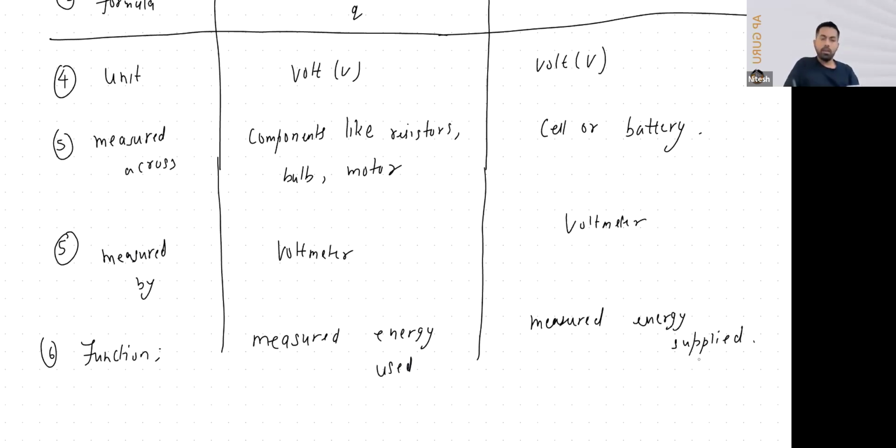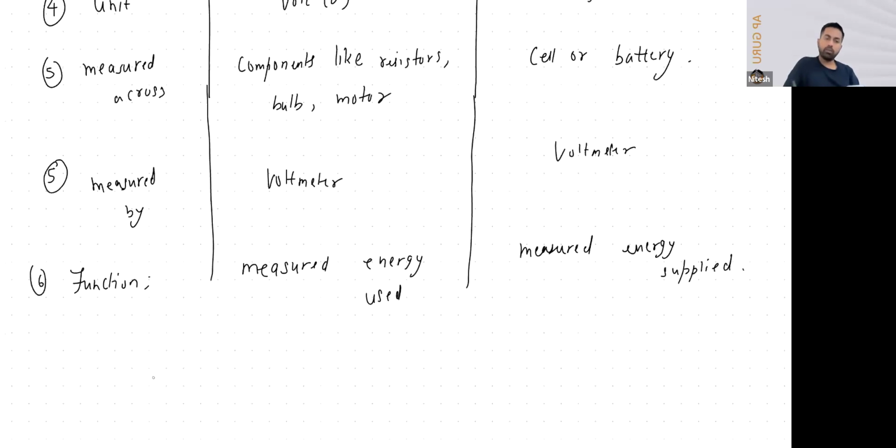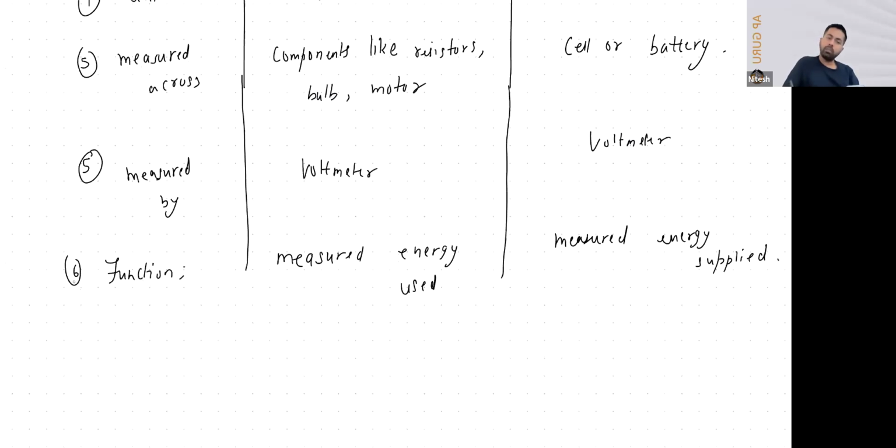How do we find that? Let's take an example. If I find the voltage across a resistor or maybe a lamp, the voltage across a lamp is your potential difference.